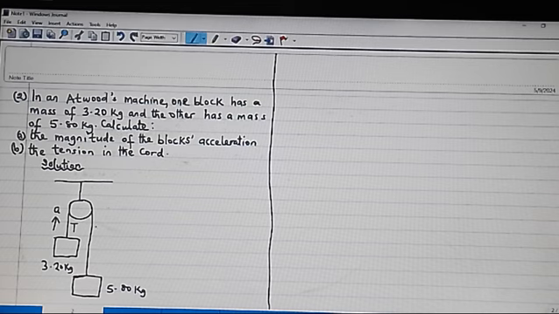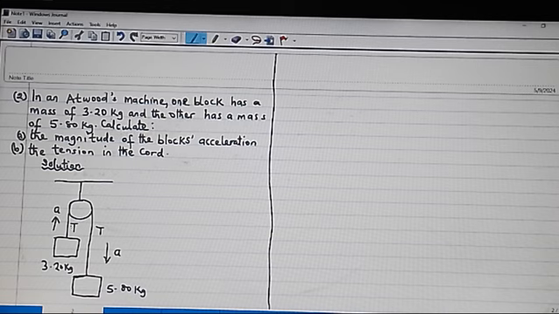Then you have the tension in the string because it's the same string, but in this case the acceleration is downwards. This block is accelerating downwards. The first block is accelerating upwards. So the next thing is, how do we find the magnitude of the acceleration? We'll proceed like this.